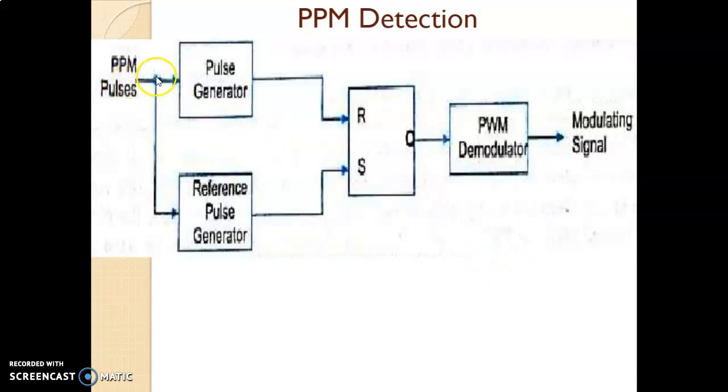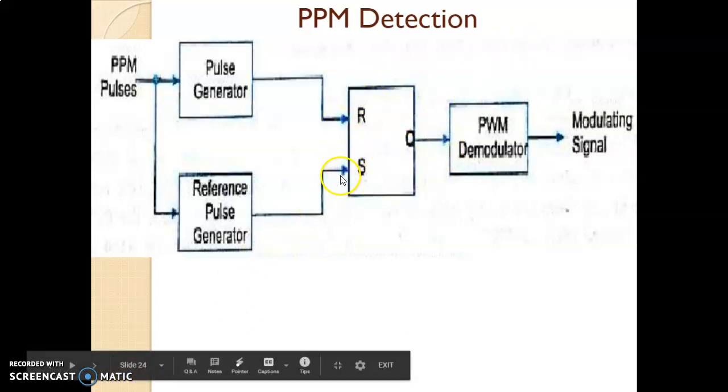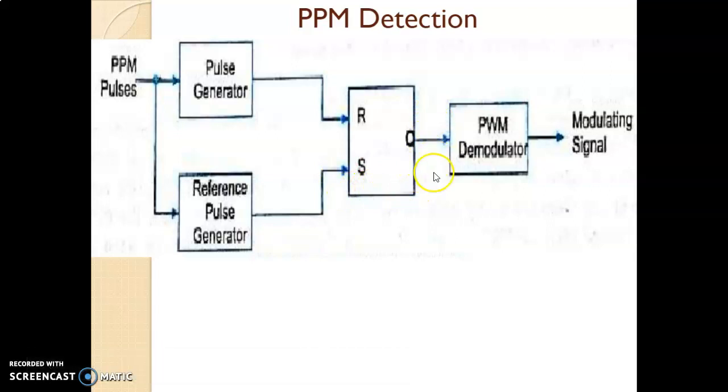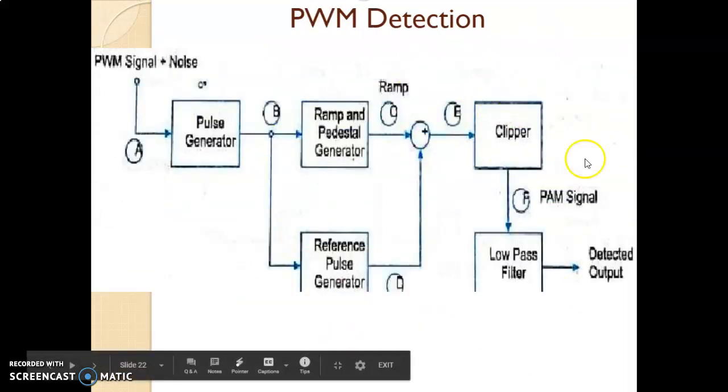The noise contaminated PPM pulses are given to the pulse generator, whose output is given to the reset terminal of the SR flip flop, and the reference pulse generator output is given to the set terminal of the SR flip flop. The output of the SR flip flop will be a PWM signal. Once you get the PWM signal at the output, you use the PWM detector, which we have seen in the previous slide.